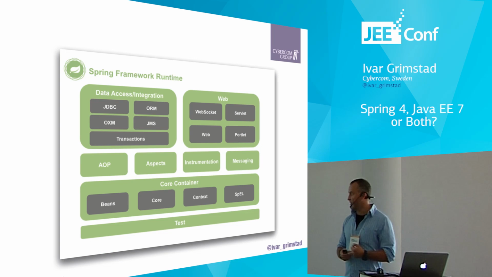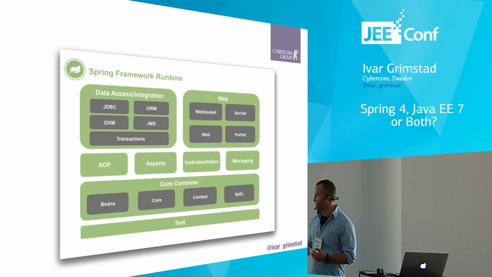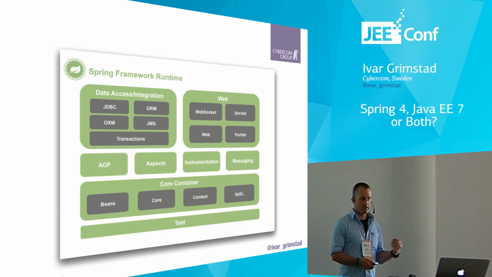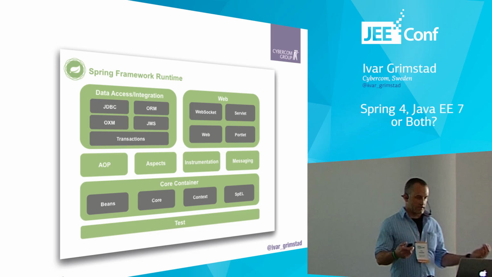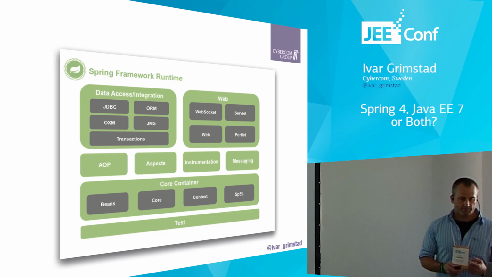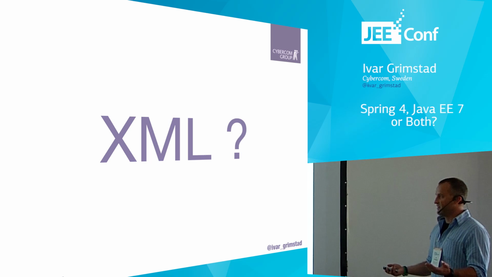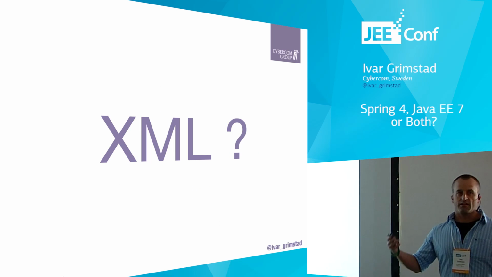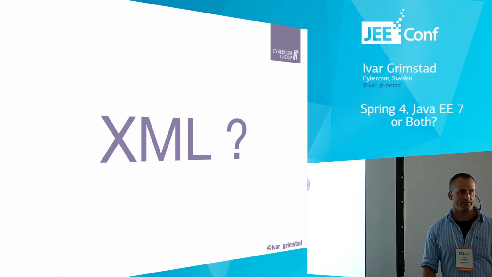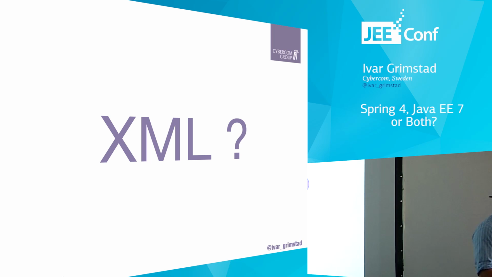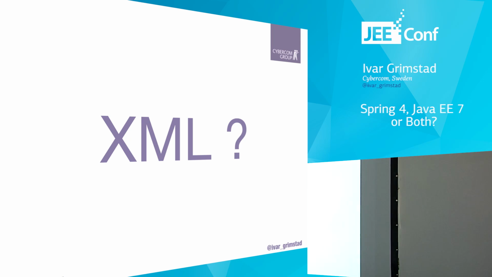Spring Framework is composed of these components. I won't go through them in detail, but we'll show later on how they compare to the Java EE counterparts. And as you have been working with Spring, it's a lot of XML, right? We've been coding in XML forever, and it's a nightmare.